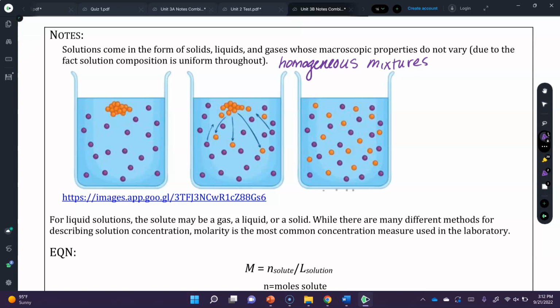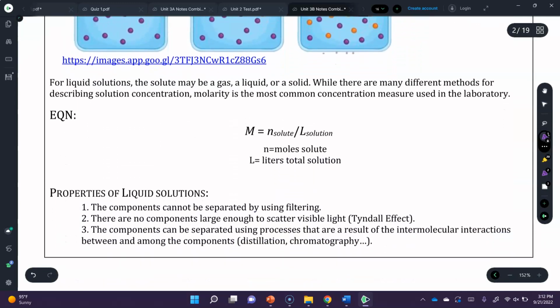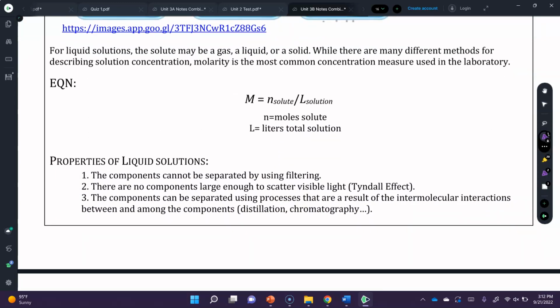While there are many different methods for describing the solution concentration, molarity is the most common concentration measure used in the laboratory. If you go on to med school or nursing school, they use a lot of molality or parts per million or units per certain amount of volume.